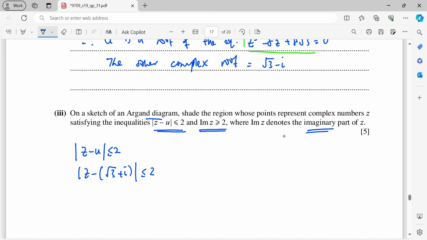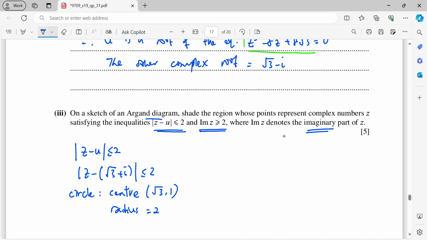Basically this is a circle with center square root 3 and 1, because the imaginary part of that complex number is 1. That complex number is the center, and the radius is 2.